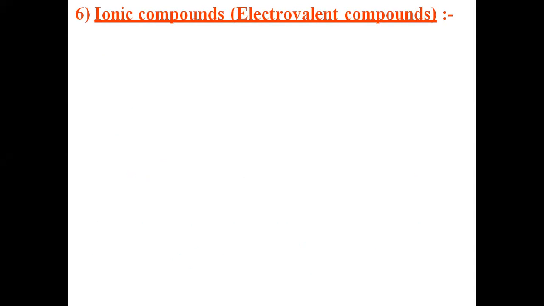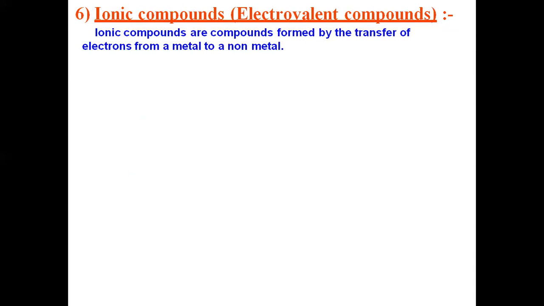Next, we have to study about ionic compounds. Ionic compound means the compound formed between the ions. Those compounds, we call ionic compounds. So what are ionic compounds? Ionic compounds are formed by the transfer of electrons from a metal to a non-metal.